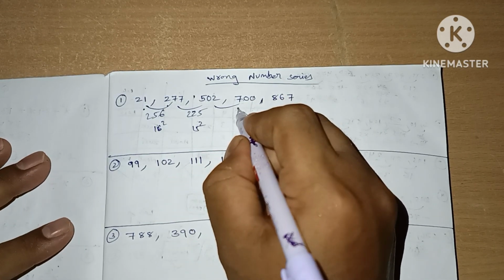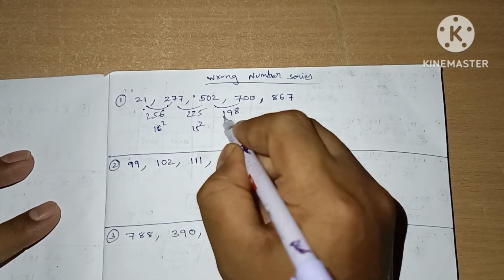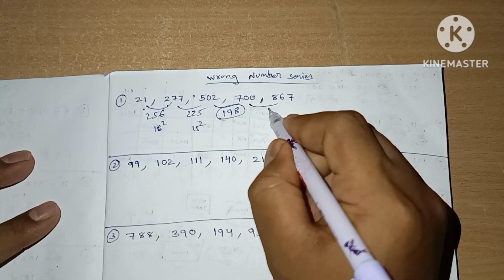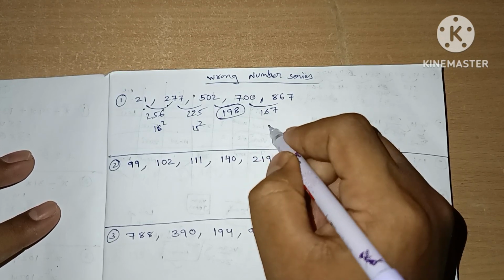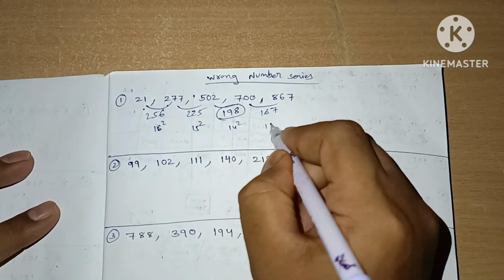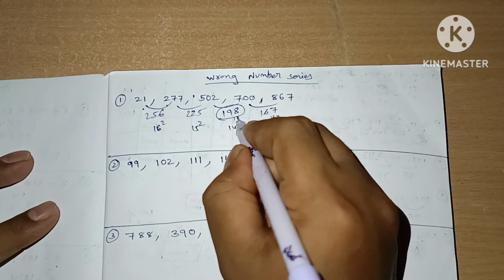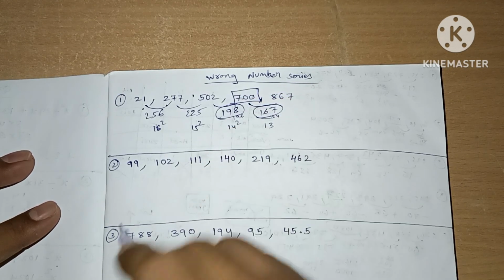It is 8, 9 and 1, 198, which is not a square. Here the difference is 7, 6 and 1, 167, which is not a square. It must be 14 square and it must be 13 square, 169 and 196. So wrong number is this one.